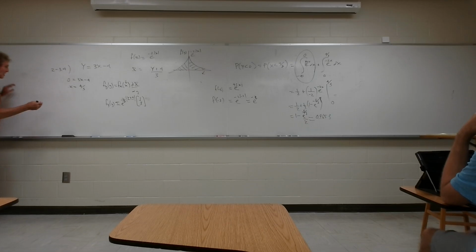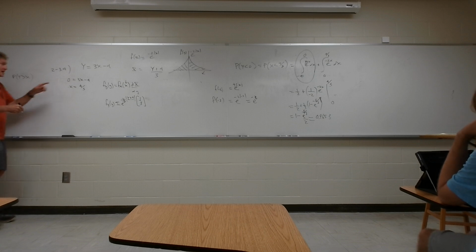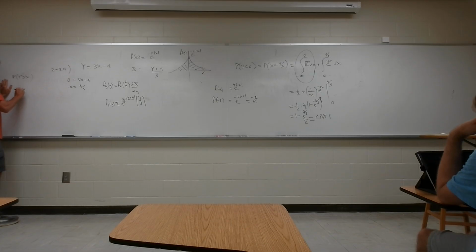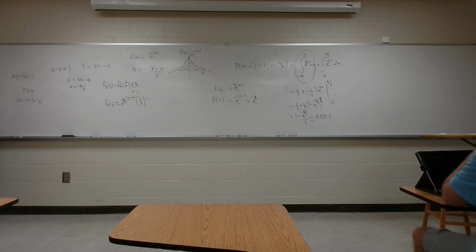So they want the probability y greater than x, right? Well, here's y, correct? So the probability of y greater than x here would be 3x minus 4 greater than x. Do you agree with what I'm doing here? It's an inequality, correct, class?